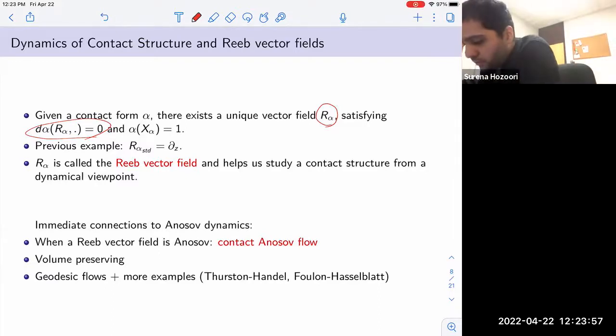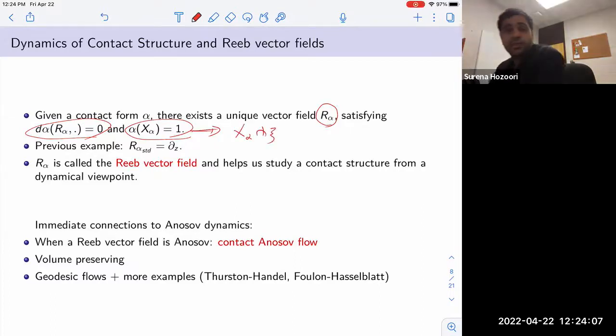So notice that from these two properties, this Reeb vector field should be transverse to the contact structure, the kernel of alpha, because of the second property. And it's also very easy to see that this Reeb vector field R would also preserve the contact structure.